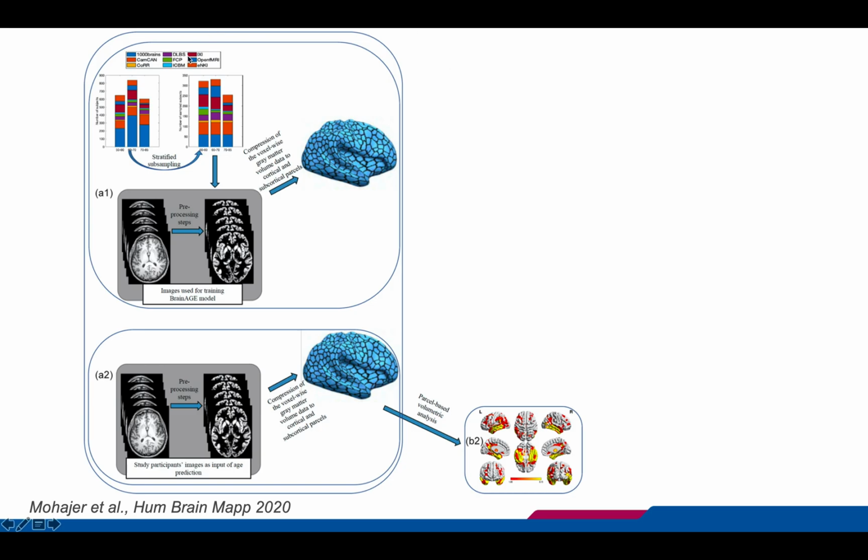This is shown here on the top. There are 9 different databases containing subjects between 50 and 85 years of age. And as you can hopefully see in the left figure, the different databases were quite heterogeneous in terms of the number of subjects and the age distribution.